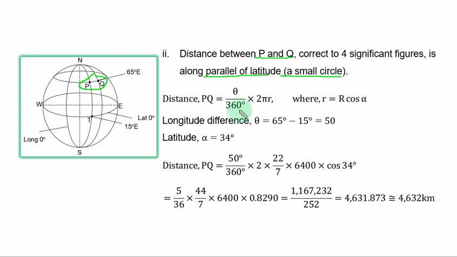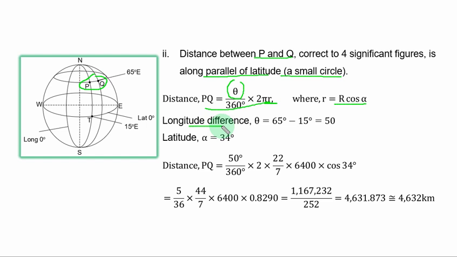Such a distance is obtained by using the same formula, but in place of capital R, you have small r, the radius of the parallel of latitude. That radius is equal to the radius of the earth times cos alpha. Alpha there is the angle of latitude. And theta is the angle along longitude. So you have the angular difference.